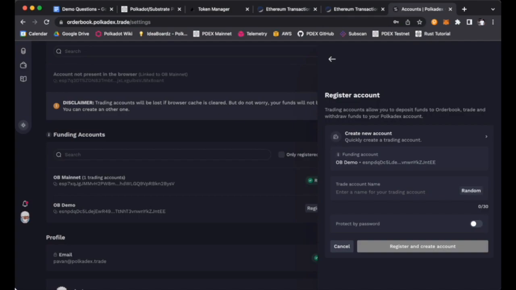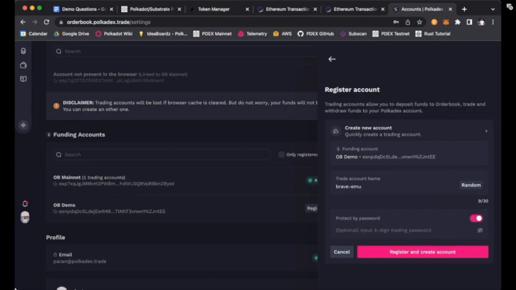But every time you register a funding account, one trading account is automatically created, and you can remove these trading accounts at a later point of time, but you cannot remove beyond 2 accounts. There's always going to be one trading account that you won't be able to remove. So let me go ahead and create a random name for this trading account, and I can protect it with a password.